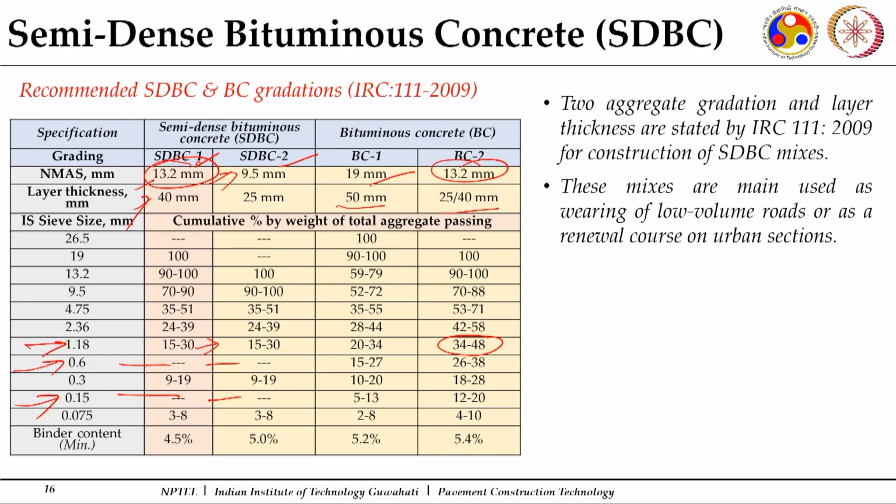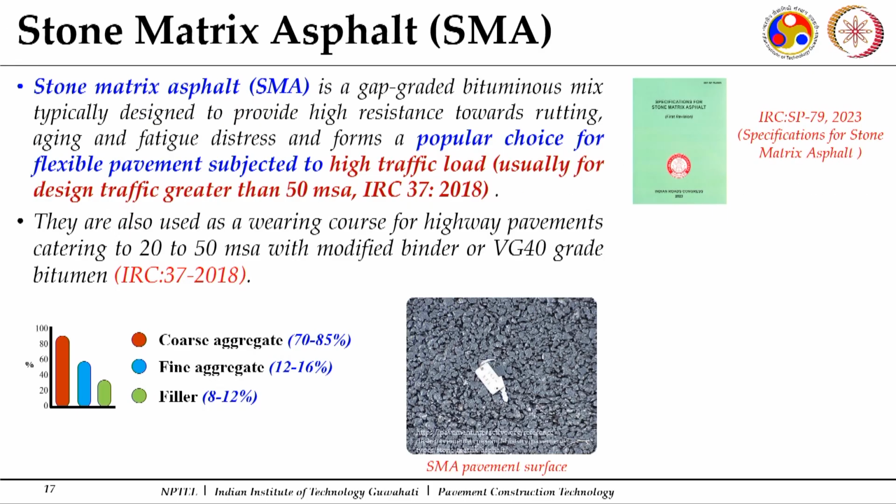So, I am making it finer and denser. Bituminous concrete 2 with the same NMAS can give you a denser surface compared to semi-dense bituminous concrete 1. Now, the other important mix is your stone matrix asphalt, which is quite popular specifically because of its special characteristics.